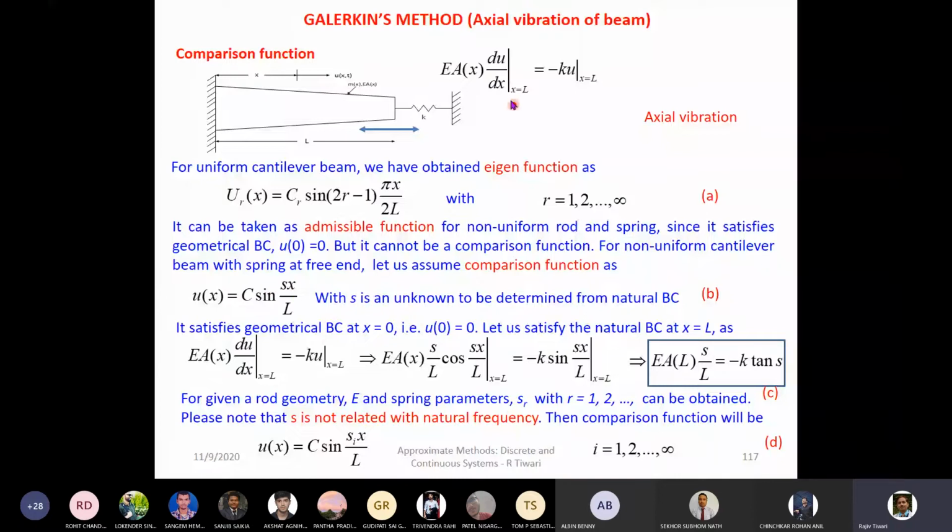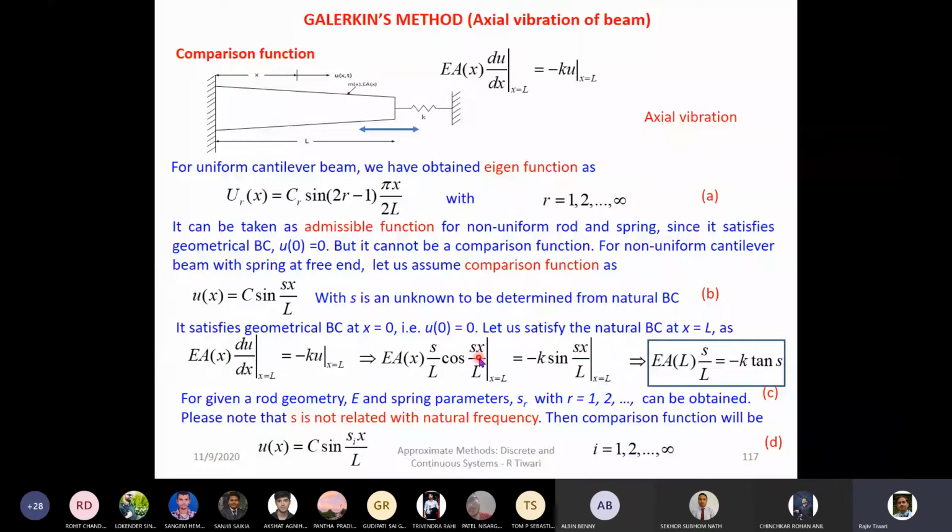Now for the natural boundary condition, at x equal to l, we have this condition. We substitute the assumed solution in this. The derivative of u will give us s by l cos of this term, minus k u, where we substitute u, and c is common, so that will get cancelled. So we got this. Now we can substitute l wherever x is there.